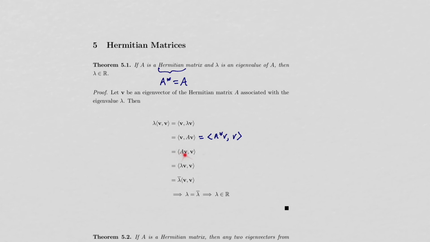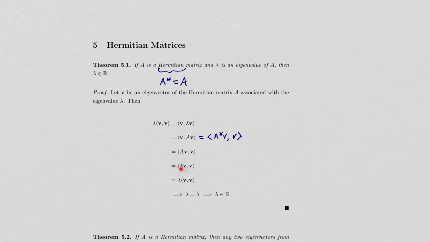Well, then I can say AV is equal to lambda V. Why? Because V is an eigenvector associated with lambda, as we saw here in the beginning of our proof. Okay, well, if I factor the lambda out using the properties of inner products, the lambda comes out and then it gets conjugated. I can factor the lambda out here. If it comes out of the right-hand side of the inner product, it does not get conjugated.